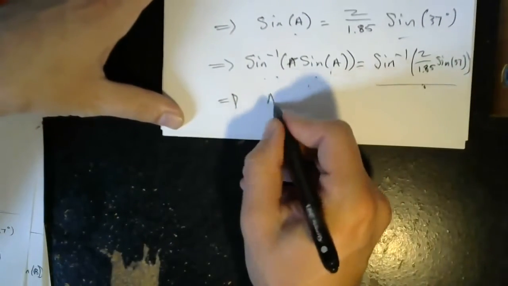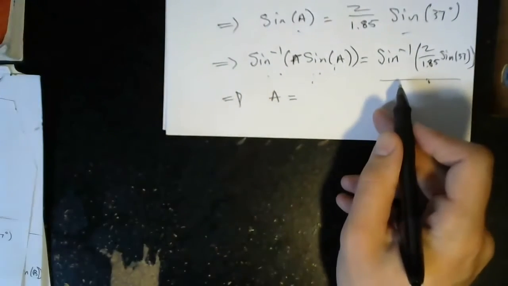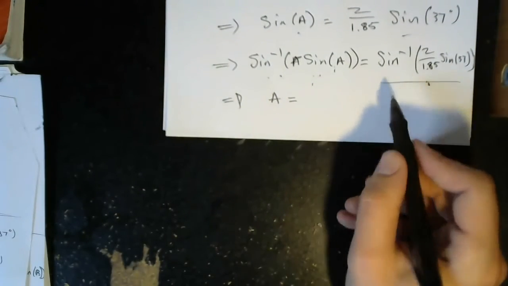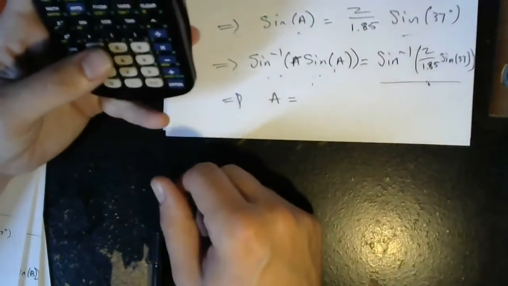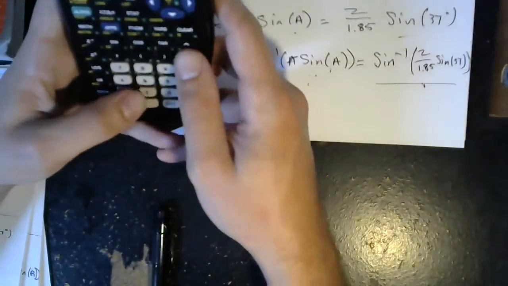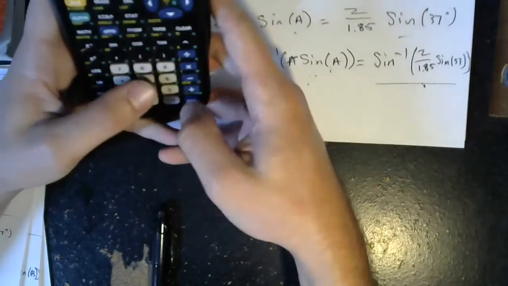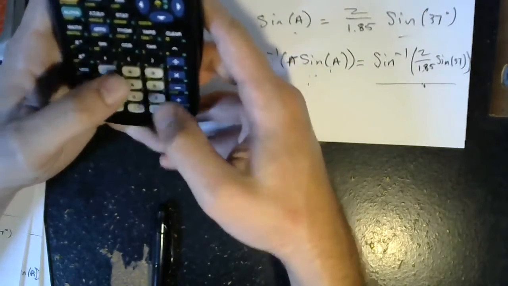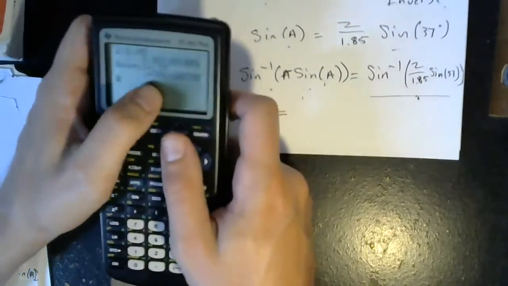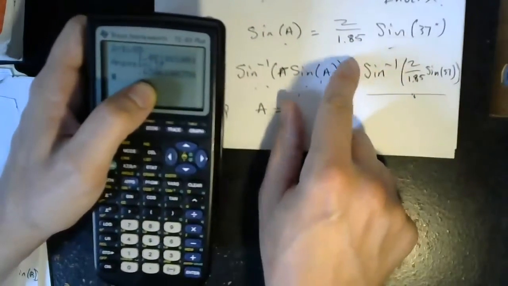So we have A, and in this case, we just use our calculator here, right? So calculator, we do 2 divided by 1.85 times sine of 37. And so the inside is 0.65.